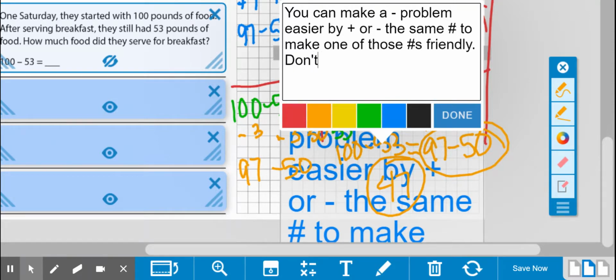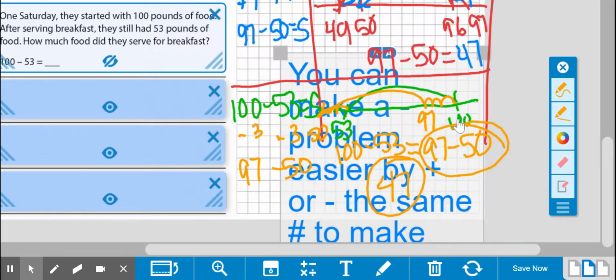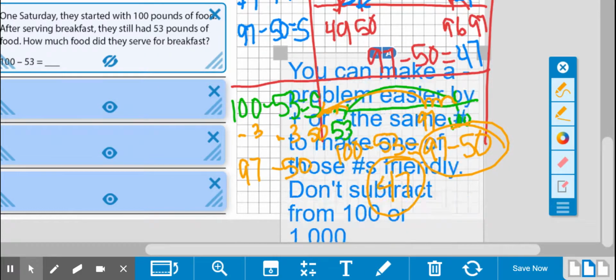And don't subtract from 100 or 1,000. So don't subtract from hundred or thousands. All right. Do something about that. I'm going to make my number smaller.